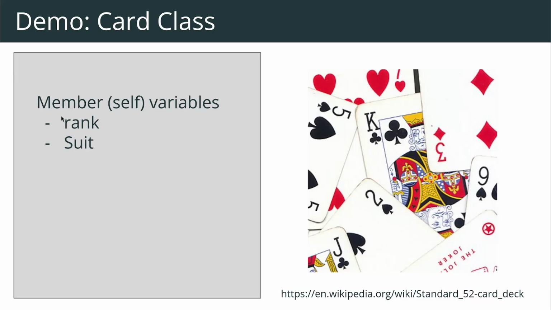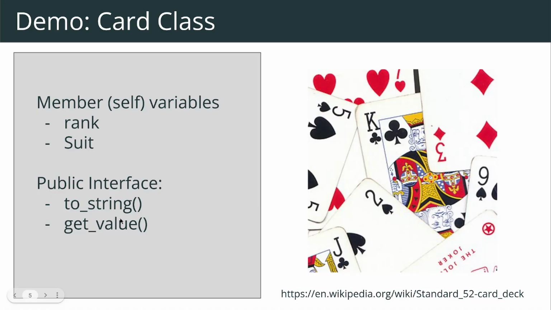The rank is like the number, like a king. Here the rank is a king, and the suit is a spade. And then maybe you can imagine there are functions attached to it, like some sort of function that returns its value, and maybe some other functions. But let's start simple.